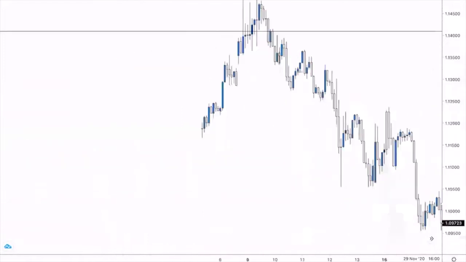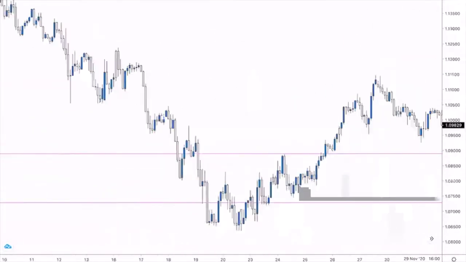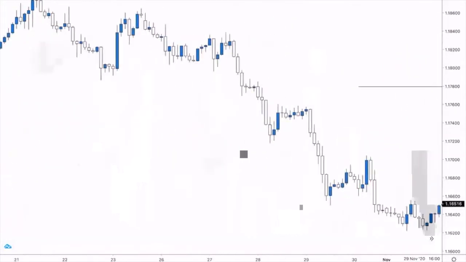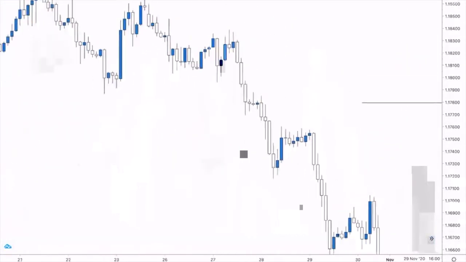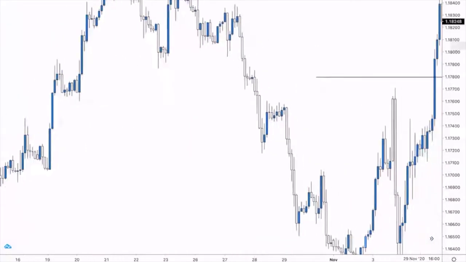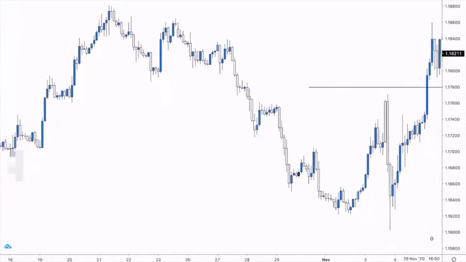Wait, where's my downtrend? Okay, wait, hold on. Okay, this is my downtrend. All right, so you see the market making lower lows and lower highs and all that, right?